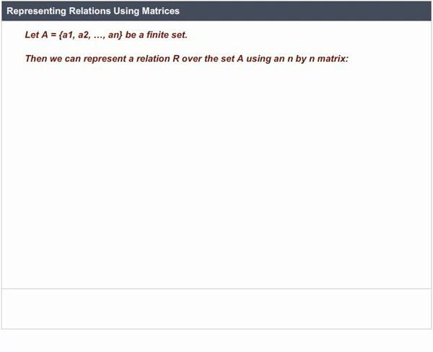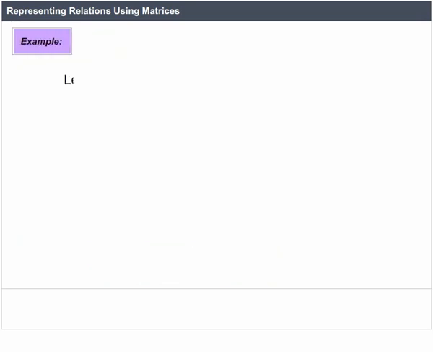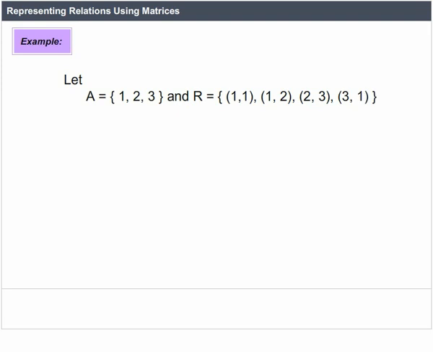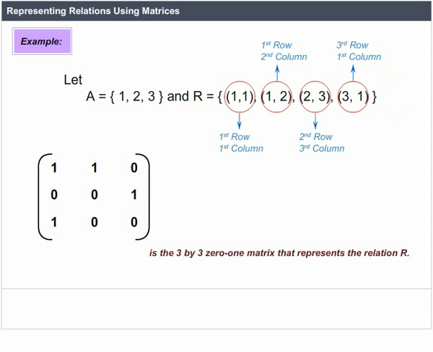Then we can represent a relation R over the set A using an n by n matrix, where entry aij equals 1 if (ai, aj) belongs to R, and aij equals 0 if (ai, aj) does not belong to R. Example, let A equal {1, 2, 3} and R equal {(1,1), (1,2), (2,3), (3,1)}. The matrix is the 3 by 3 zero-one matrix that represents the relation R.